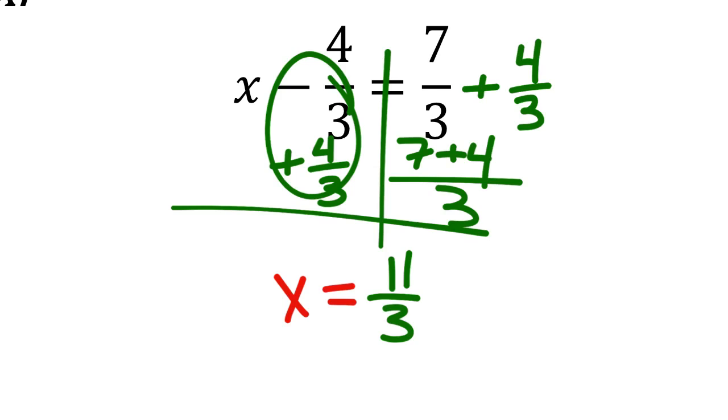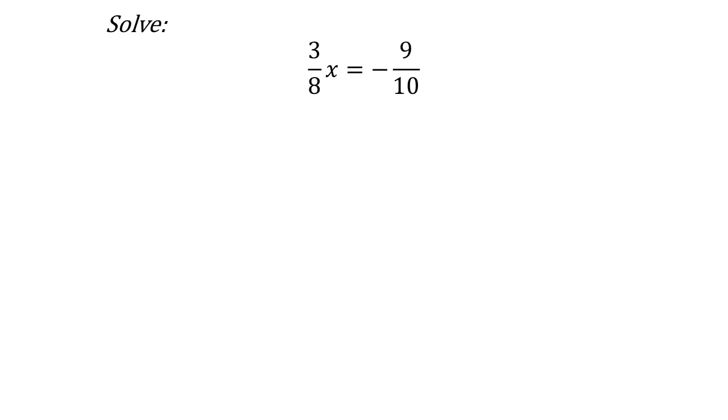But what I would want to do in my calculator is just check, but instead of using x, I'm going to use 11/3. So 11/3 in my calculator minus 4/3. What do we get? 7/3. So that checks off the answer. It confirms that x being 11/3 makes that a true statement.